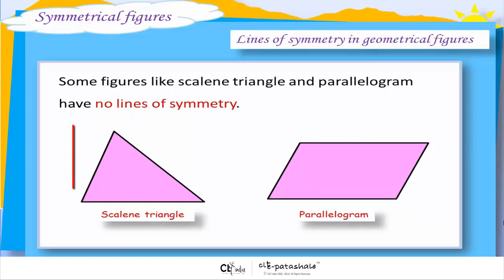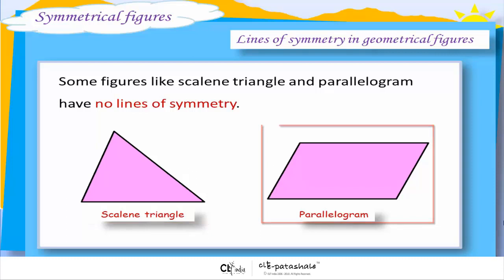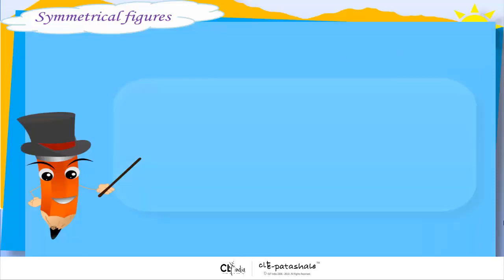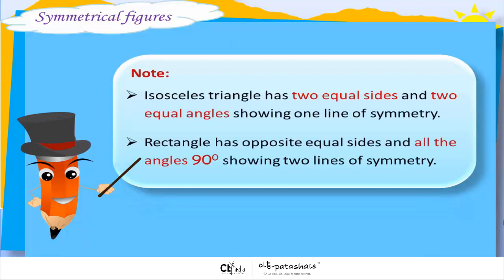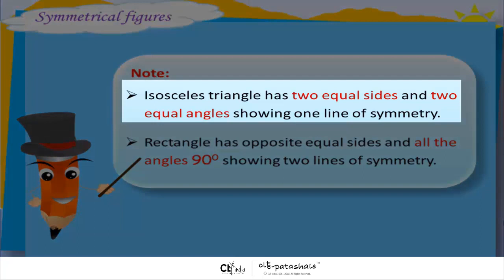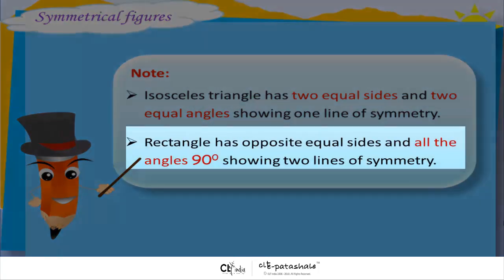Some figures like scalene triangle and parallelogram have no lines of symmetry. Note, an isosceles triangle has two equal sides and two equal angles, showing one line of symmetry. A rectangle has opposite equal sides and all angles 90 degrees, showing two lines of symmetry.